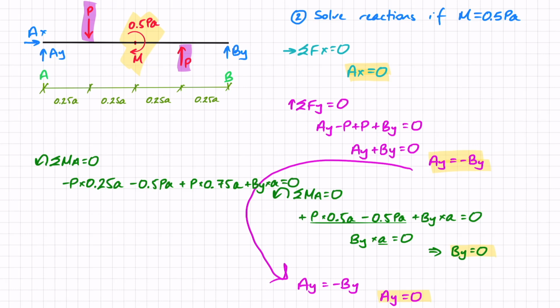We can see that these two add up to plus 0.5PA. The next thing, the moment, gives me minus 0.5PA plus BY times A equals 0. So I end up in exactly the same place.